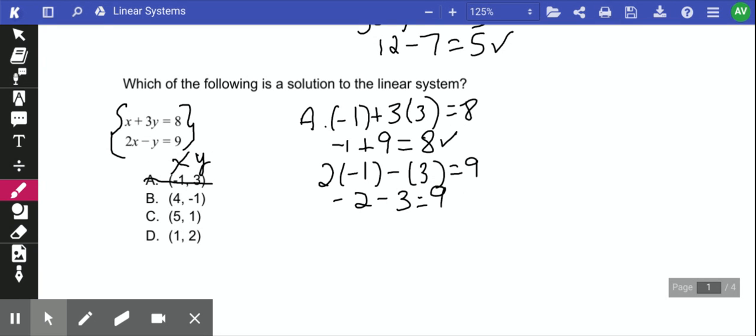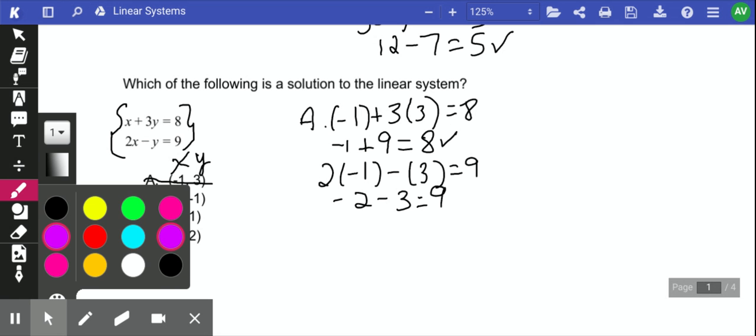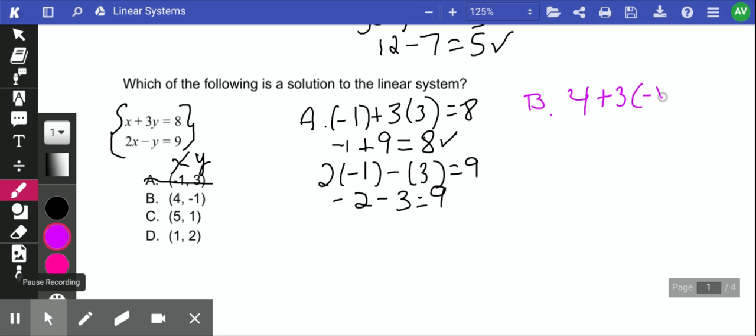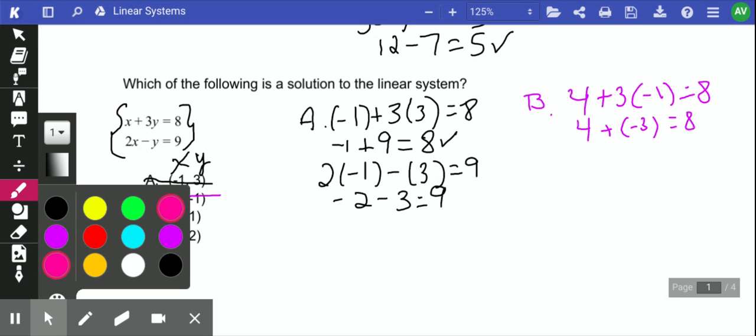So nope, not A. Let's try another one. Try B. So for choice B, x is 4 and y is negative 1. So 4 plus 3 times negative 1 equals 8. 4 plus negative 3 is not 8. Nope.